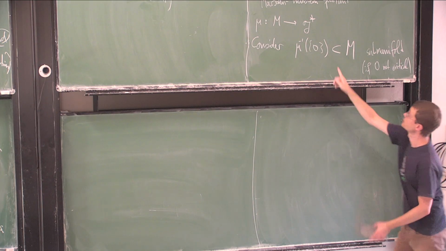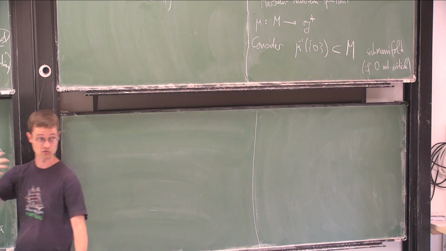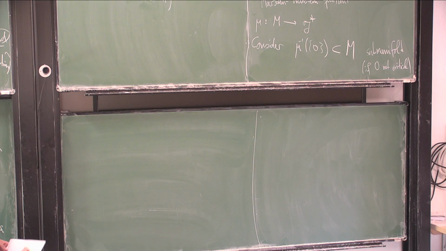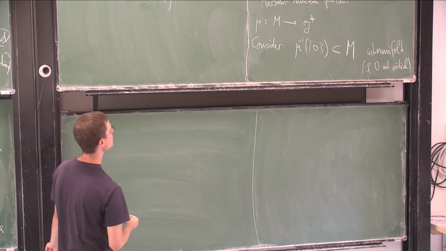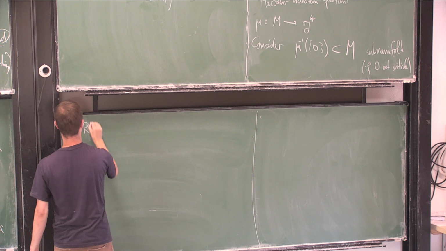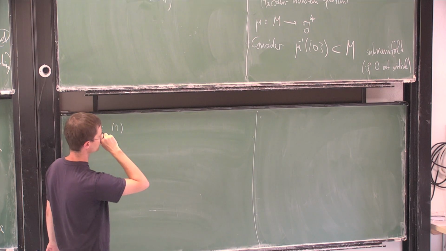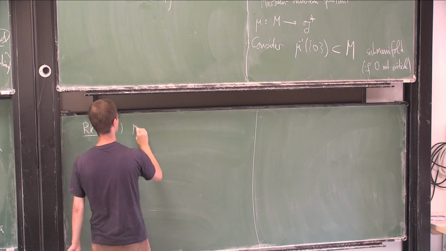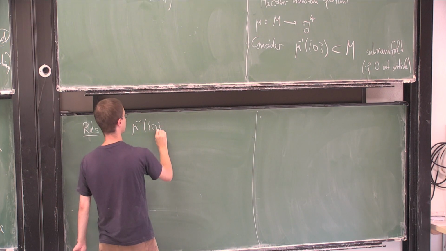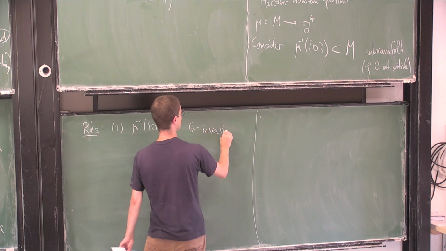But actually, this space is unfortunately not symplectic, so it's not really what we want to call a reduced phase space. The first remark is that this level set is actually G invariant. It is invariant under the group action.